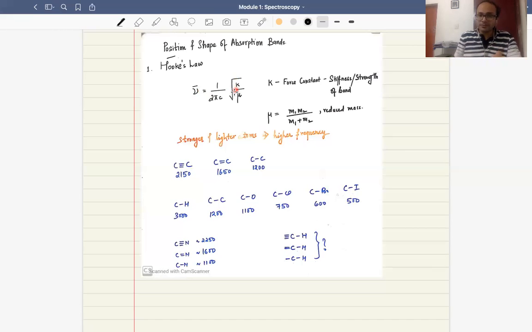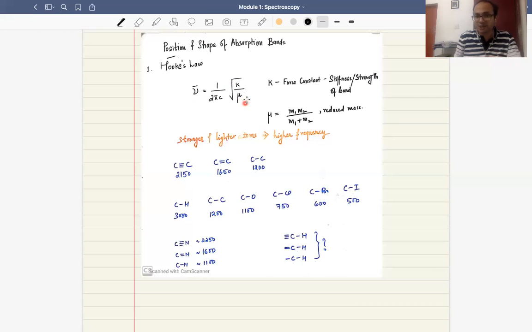And if the atoms attached to the bond are light atoms, that means they have a lower mu value, that also leads to a higher frequency. So there are two factors that lead to a higher frequency: either your k value is high or your mu value is low. Because mu is in the denominator, they are inversely related.